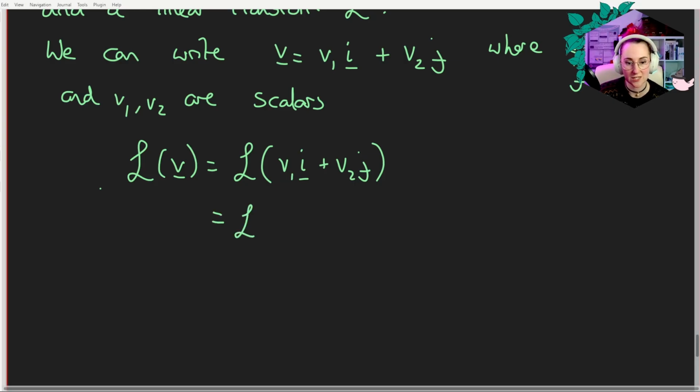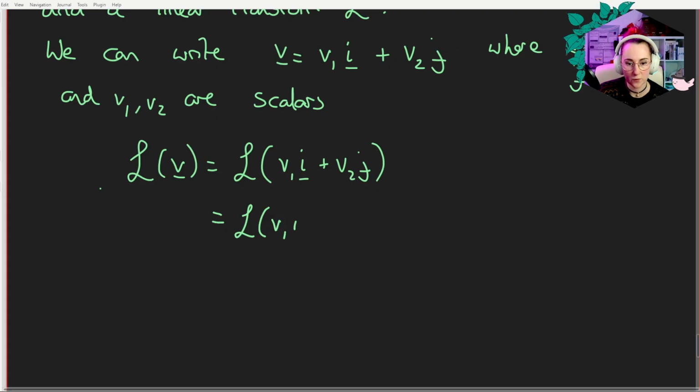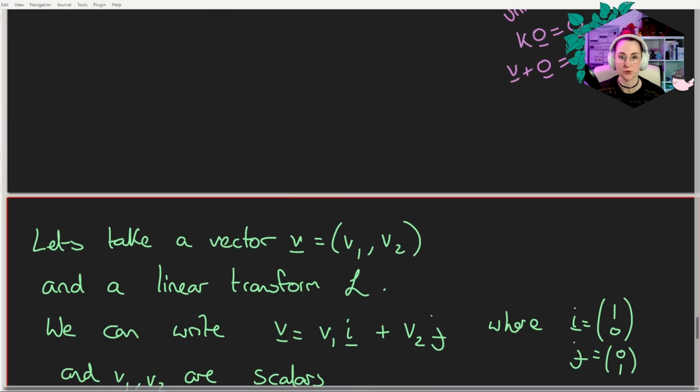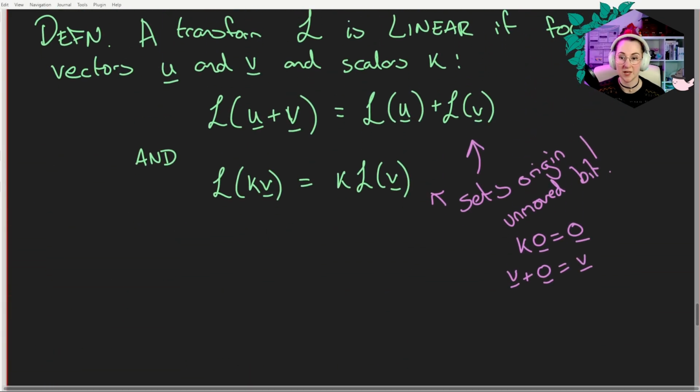So we can do the linear transform of V1I, add the linear transform of V2J, and that's from that first rule up here.